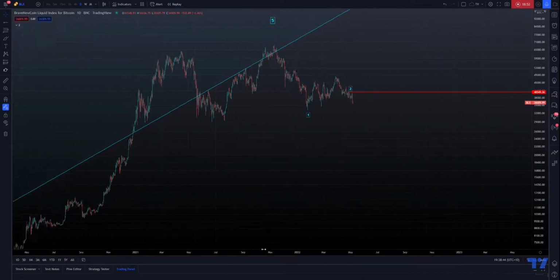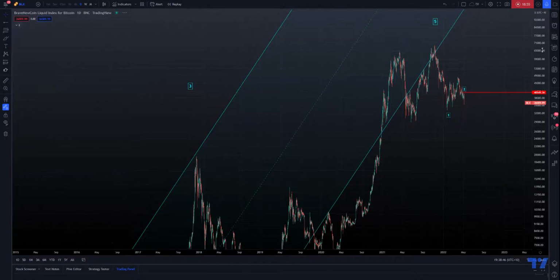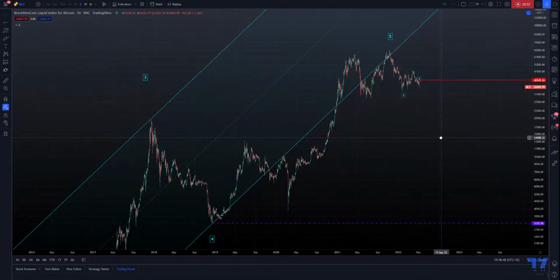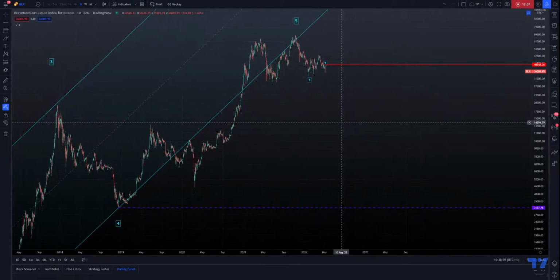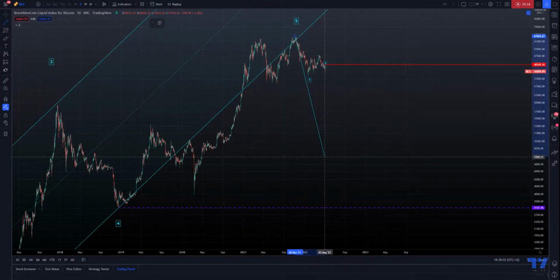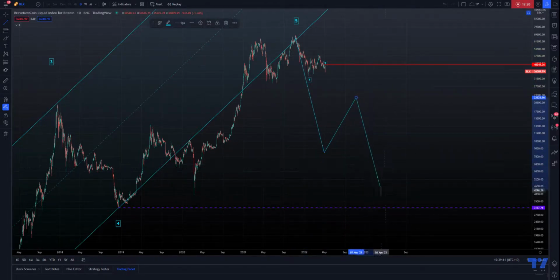So I don't think it's going to happen too quickly. Corrections typically don't happen that quickly. What would I expect to see here potentially? Well, I would say we'd have to see some kind of 5-wave move to the downside, 5 waves, and then a correction, and then 5 waves, something like that.